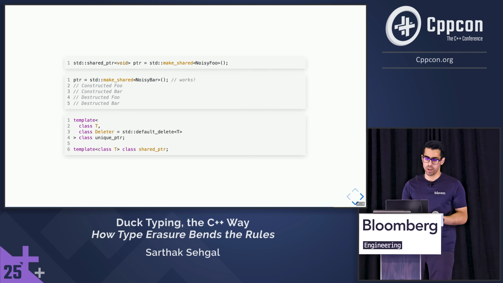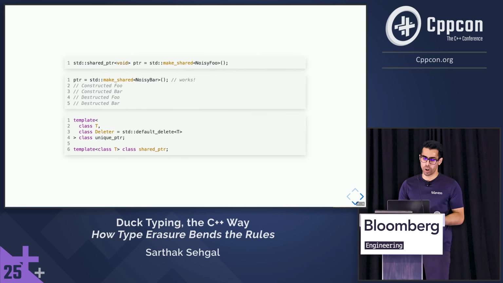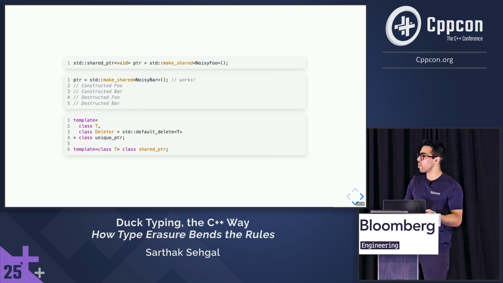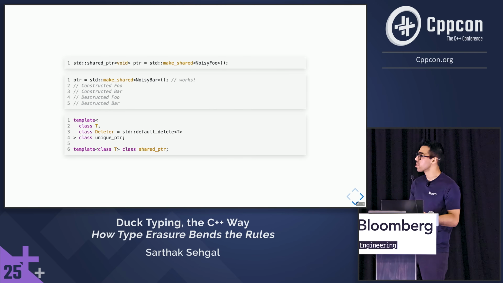When I reassign a void pointer which points to an object of type noisy foo to an object of type noisy bar, shared pointer is able to destruct foo correctly. So somehow, despite storing it as a void pointer, it's saving the type information of the actual object passed.